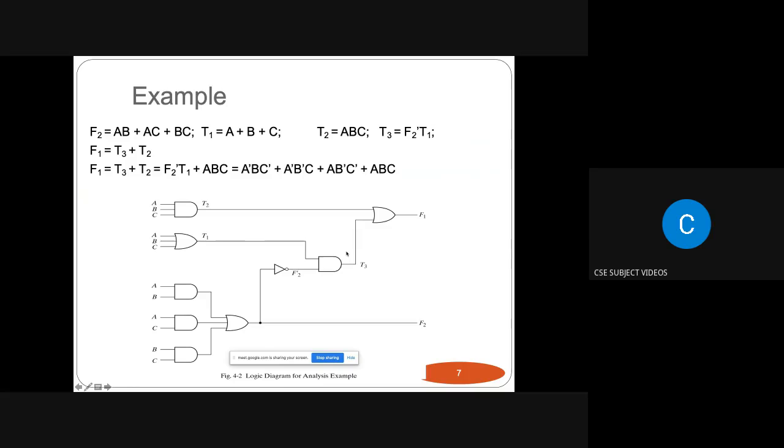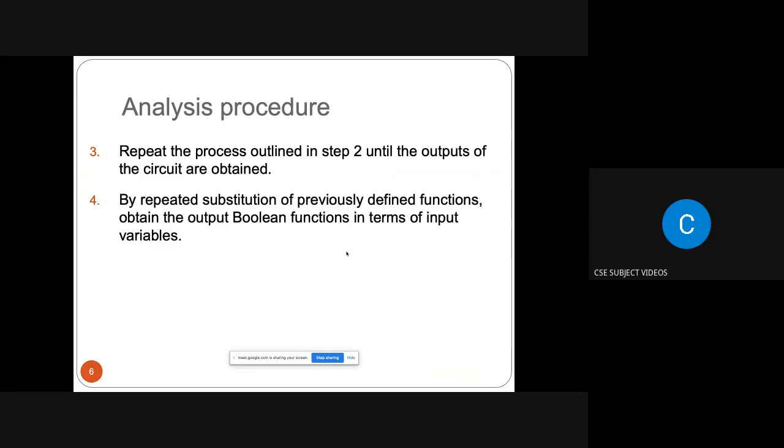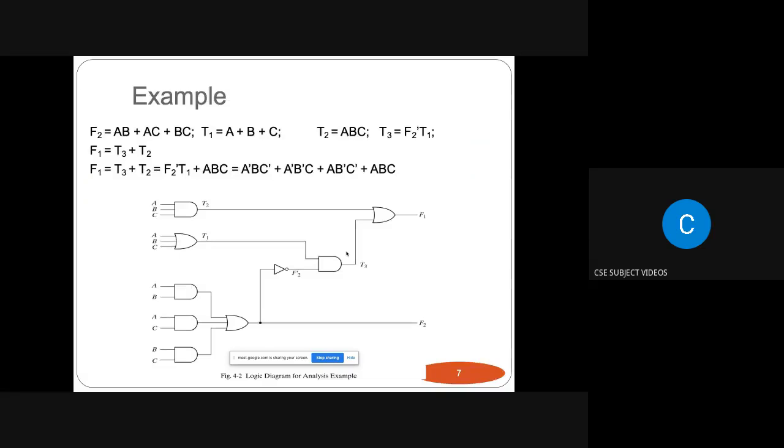So, we are going to apply these steps which we have discussed here. All these 4 steps have to be applied in this example circuit. First, all the input variables are given, which are A, B, C. Now T2: what is T2? The AND gate expression is T2. T2 can be written as T2 equals A dot B dot C. And T1 is the output of an OR gate.